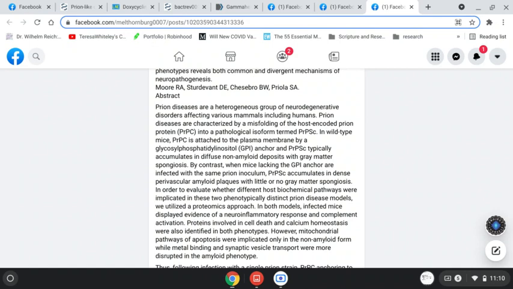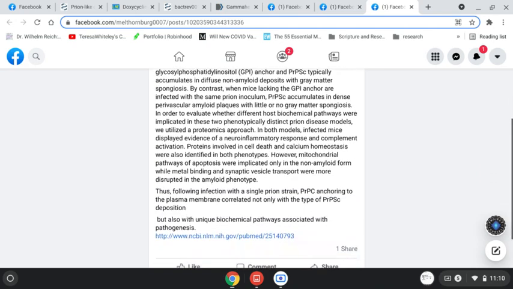However, mitochondrial pathways of apoptosis were implicated only in the non-amyloid form, while metal binding and synaptic vesicle transport were more disrupted in the amyloid phenotype. Thus, following infection with a single prion strain, prion protein anchoring to the plasma membrane correlated not only with the type of prion disease or prion misfolding deposition, but also with the unique biochemical pathways associated with pathogenesis.